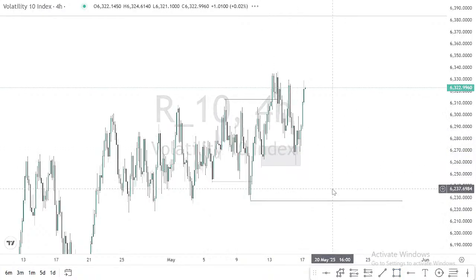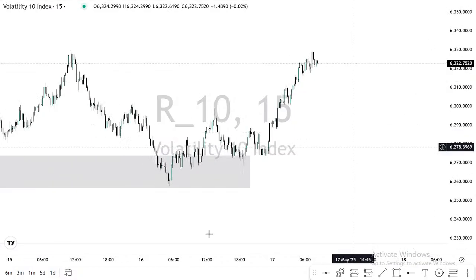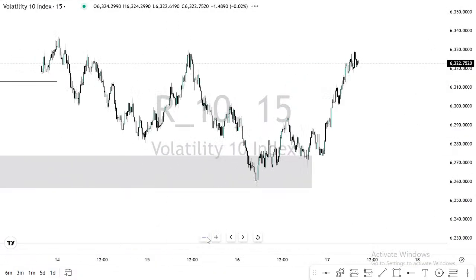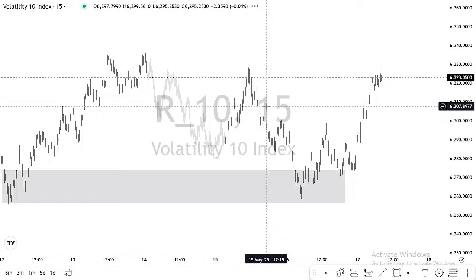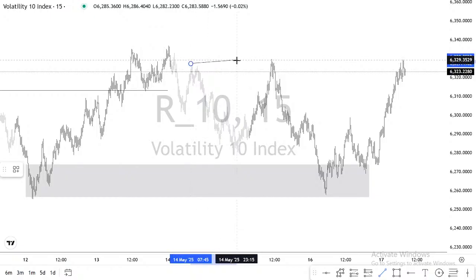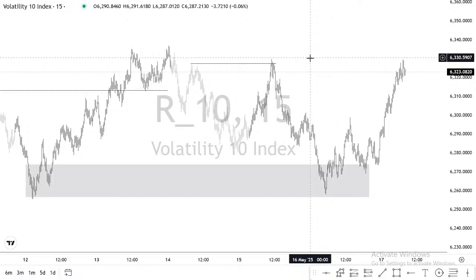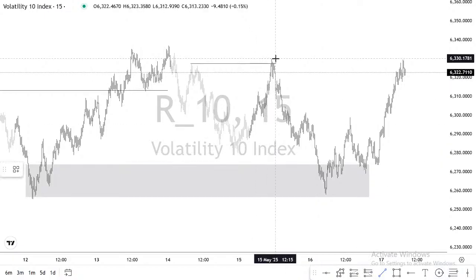Let's go to the 15 minutes time frame. So let's see this. Have we taken it? No. And this is a strong high.